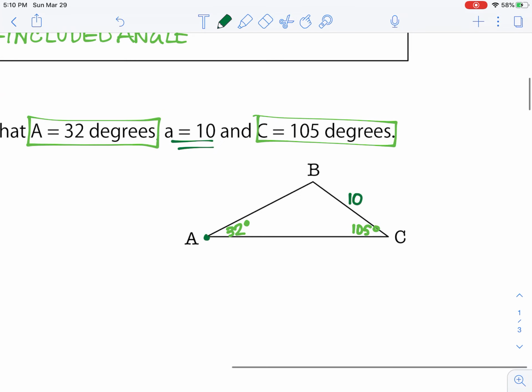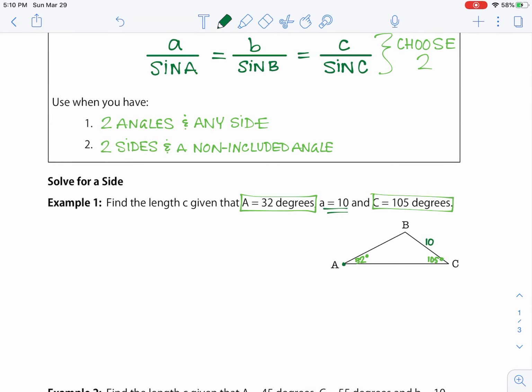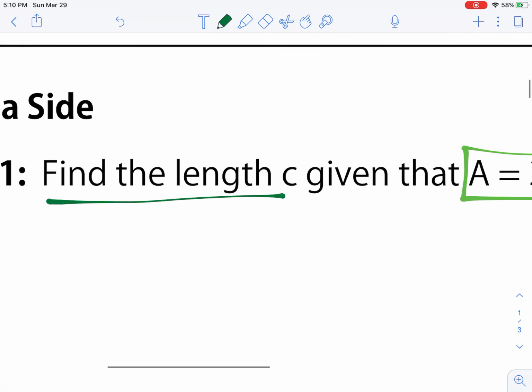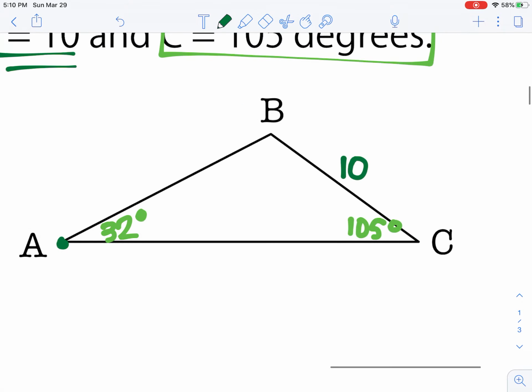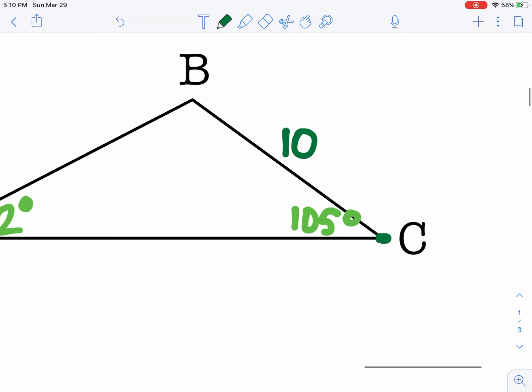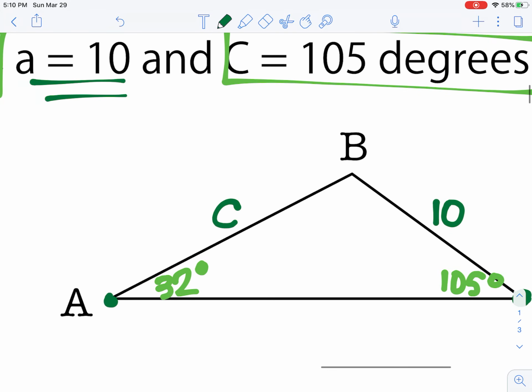So side A is over here, and it has a length of 10. All right, they would like us to find the length of C. So again, if we look at our triangle here, here is C, which means side C is here.